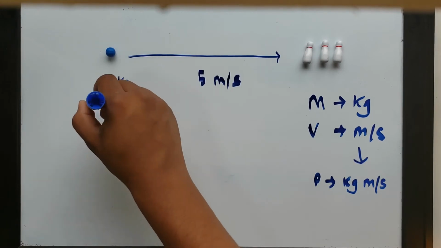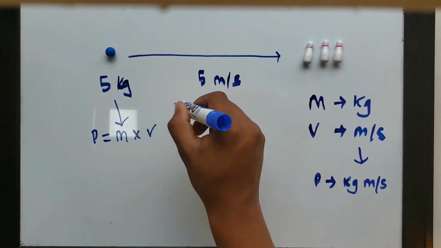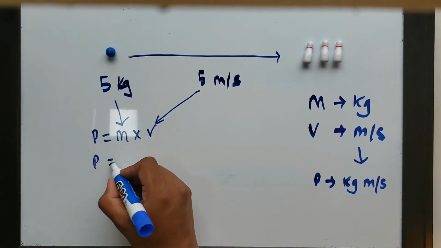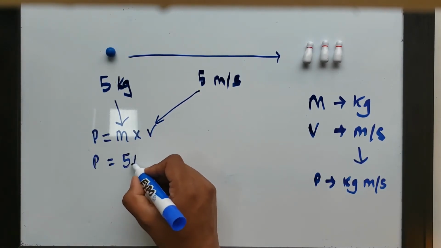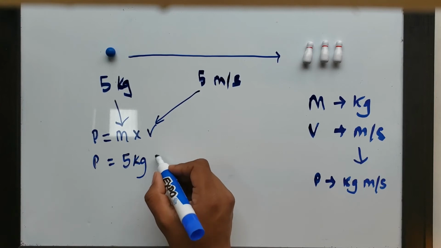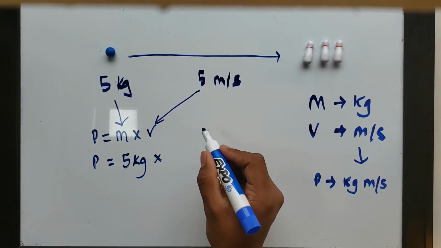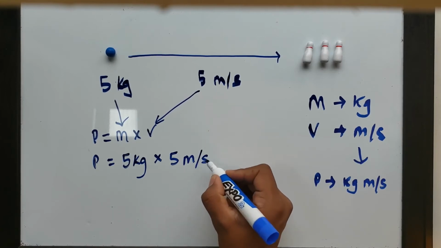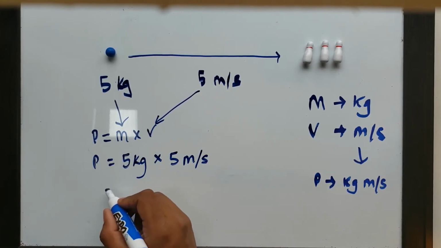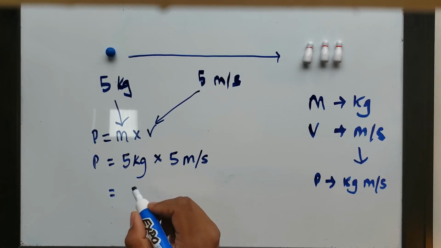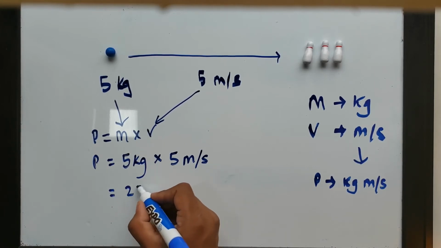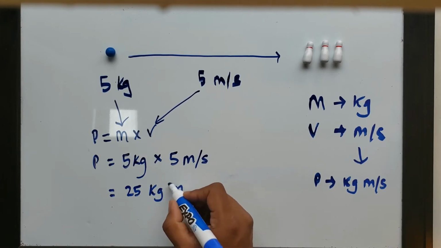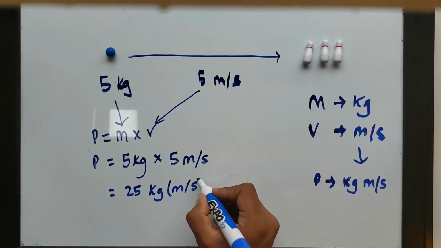We can get our mass here and our velocity here. P is equal to 5 kg, kilograms, times 5 meters per second. That means our momentum is 25 kilograms meters per second.